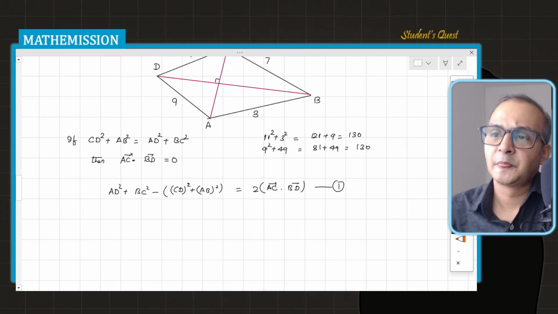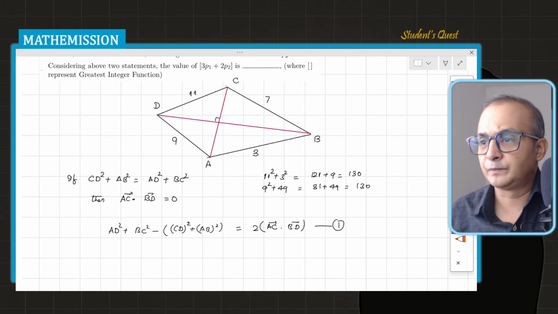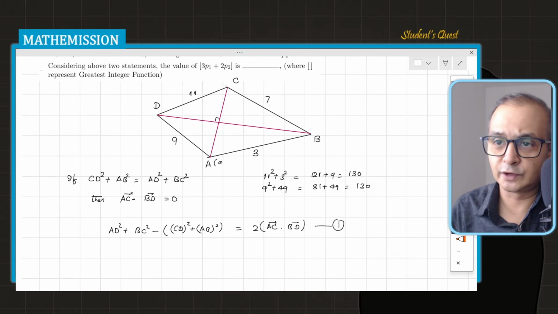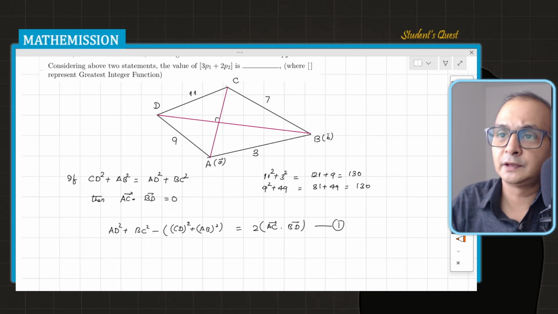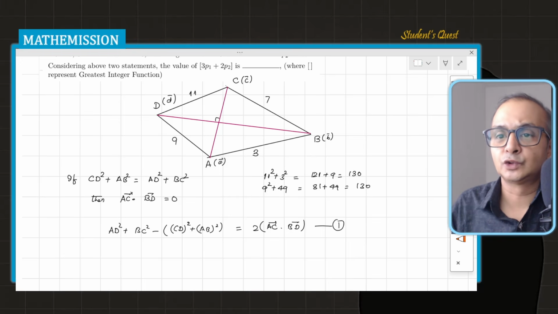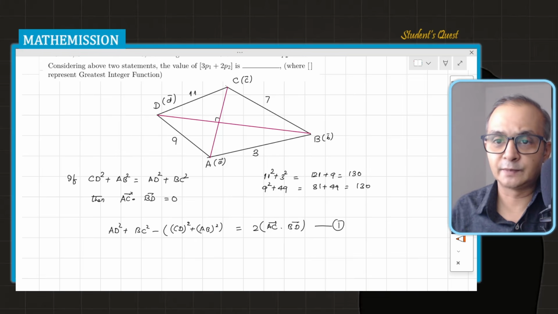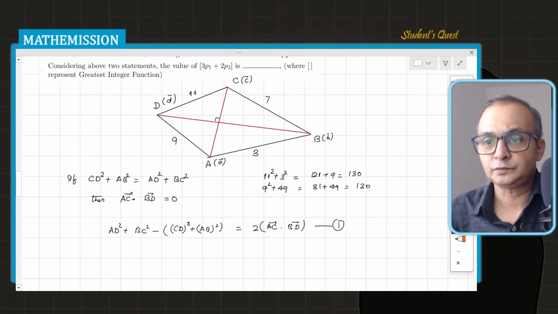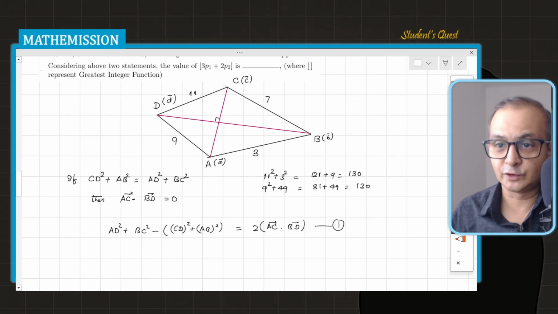How do we prove it? I'm not going to write the proof because it is not so difficult. I can assume the position vectors B, C and D. You can prove the left hand side by taking AD, which means D minus A mod square, and again BC. So you can simplify and you will get this. You cannot do it from scratch unless we establish the equation.